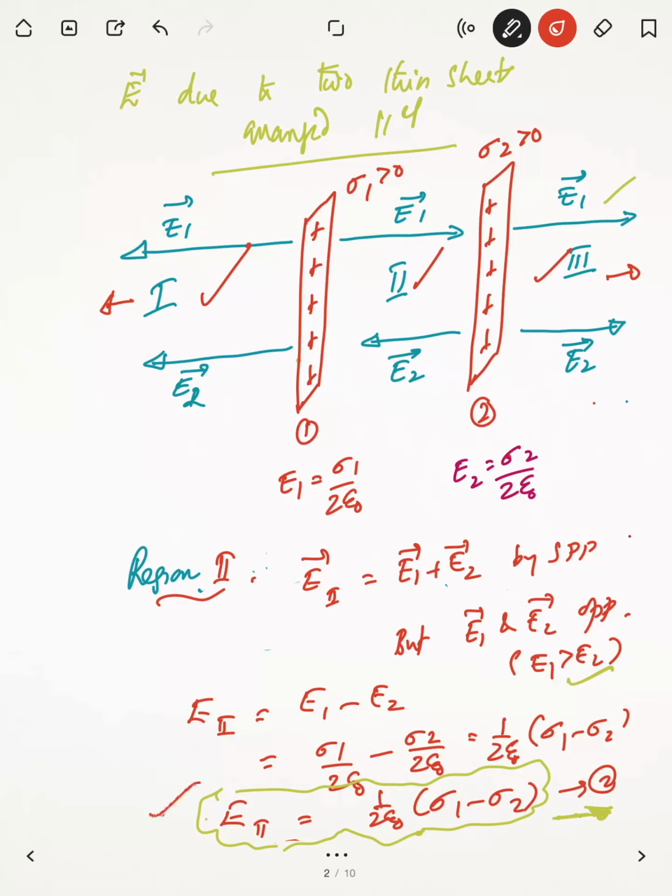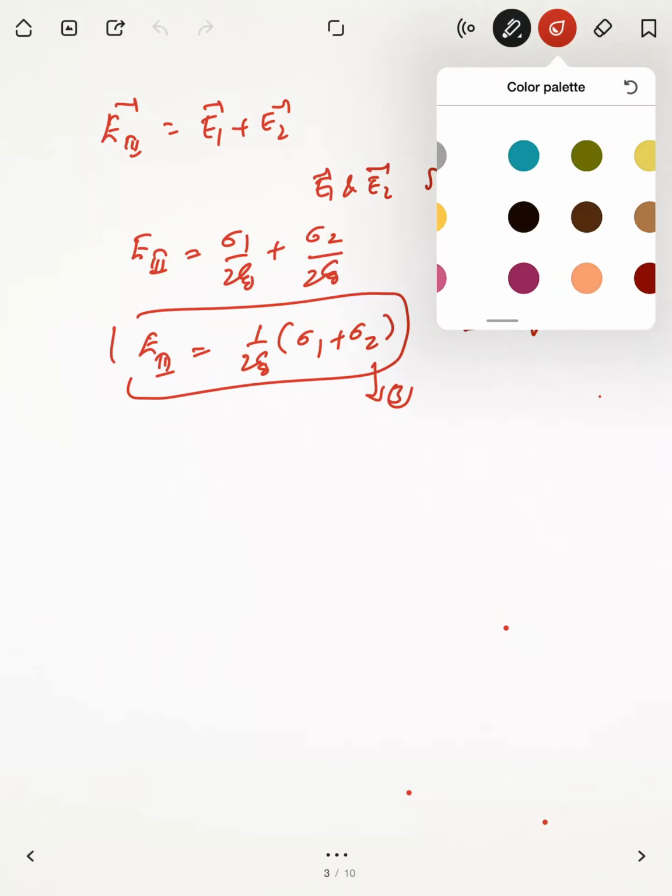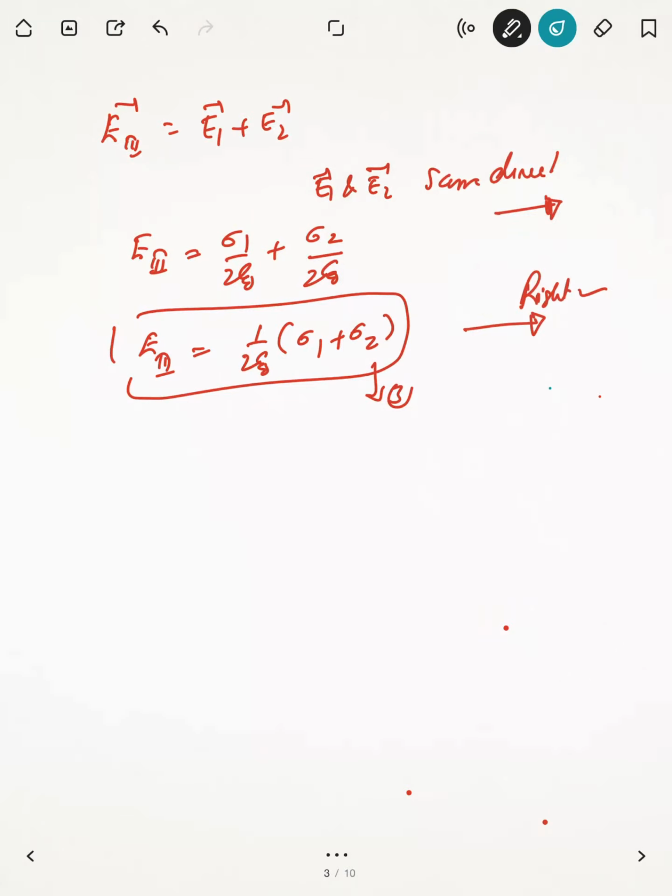Now we are to consider a special case where the electric field in regions 1 and 3 becomes 0 and electric field exists only in between the two sheets. So what will be that condition? So we are getting a special condition. We are going to write: special case.